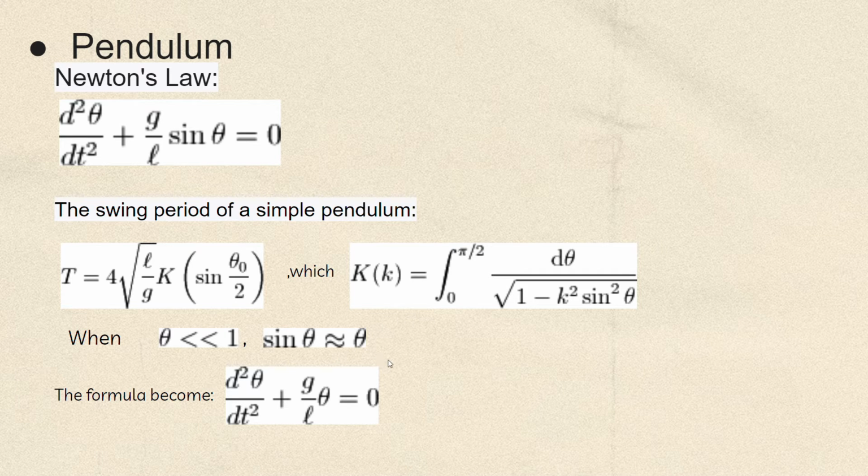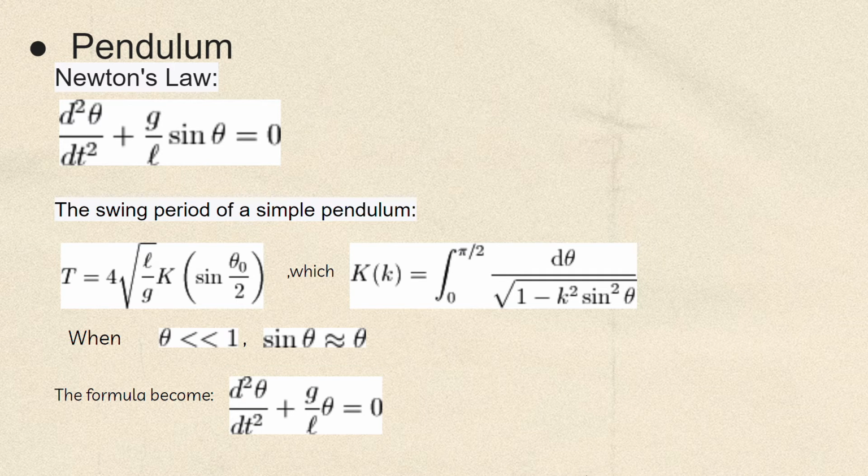When theta is far smaller than 1, sine theta will almost equal theta, and the formula will change from this one to this one.